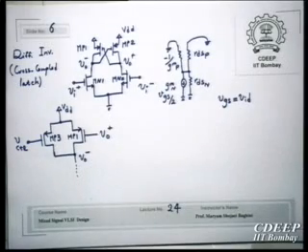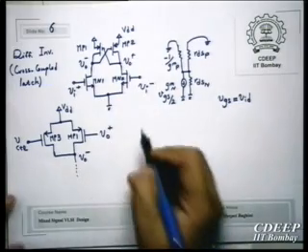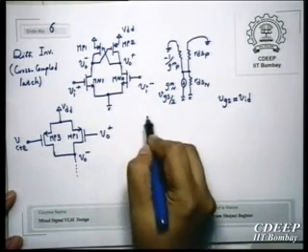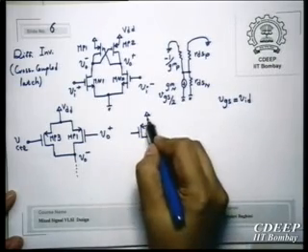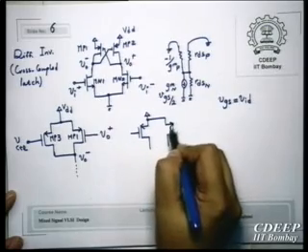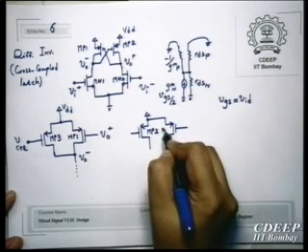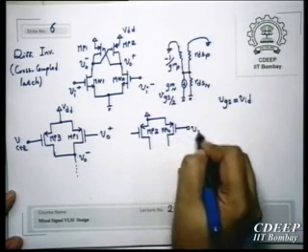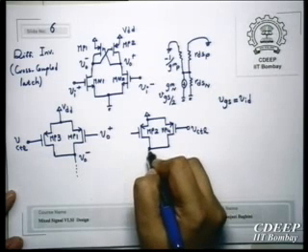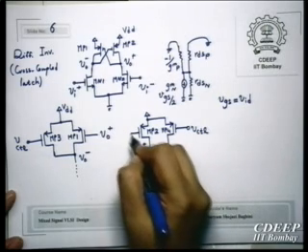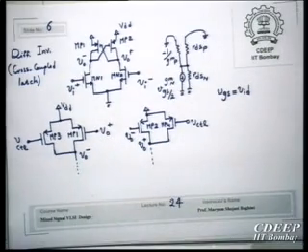You put MP3 here. Similarly, on the right side, you put a parallel transistor with MP2. Right? And the remaining part will be the same.